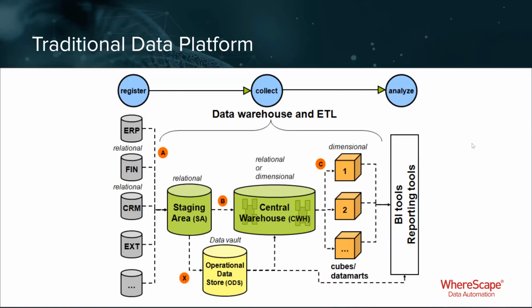In the typical data warehouse and ETL approach, we would pull data from all of these silos, put them in a staging area, maybe do some transformations, data cleansing, things like that, push those into maybe an operational data store or a central data warehouse where we put everything in, the kitchen sink.